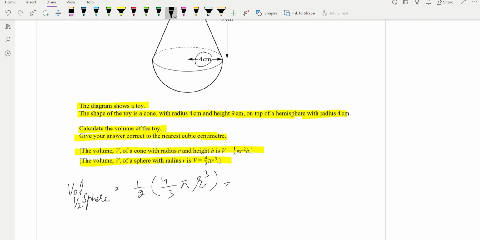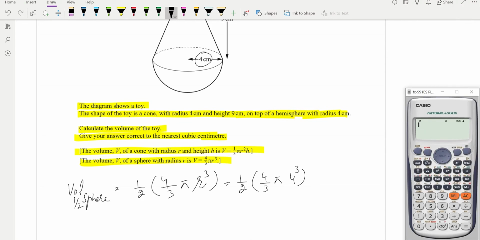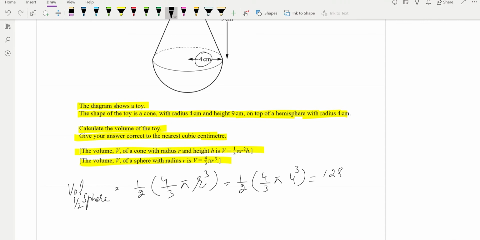R is 4, so we can write 1 by 2 into 4 by 3 pi and 4 cubed, and this will be equal to 128 over 3 pi. So I'm taking it in terms of pi, 128 over 3 pi, because I don't want to lose the digits.